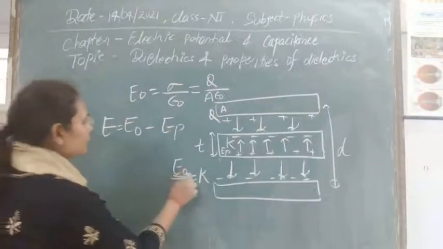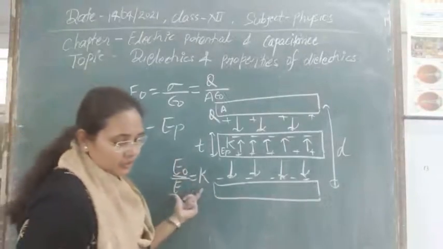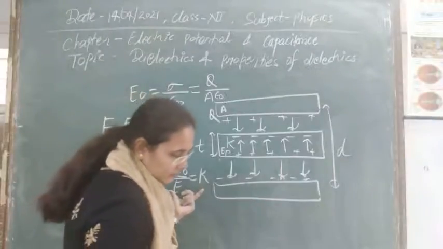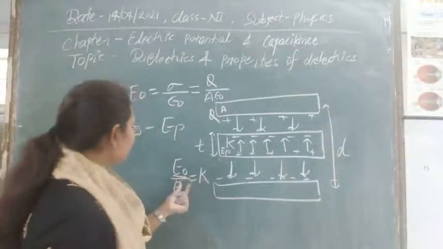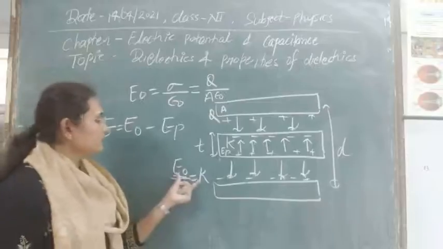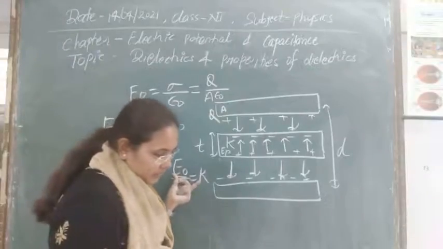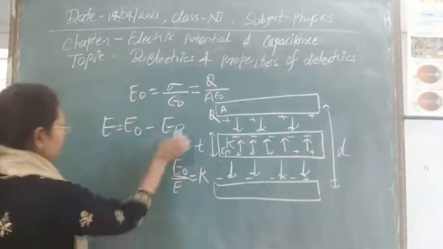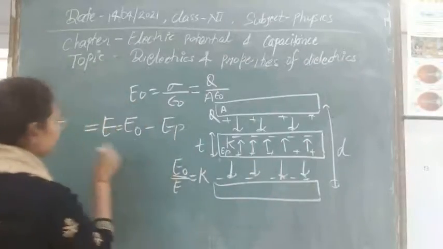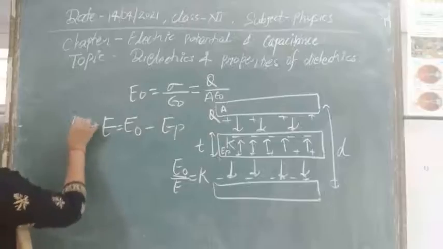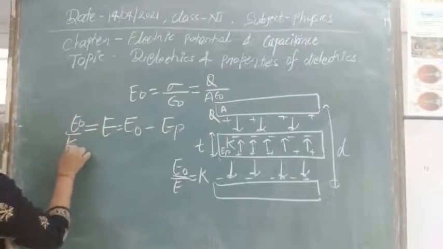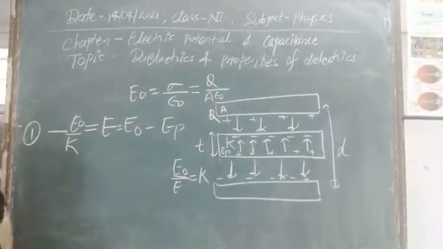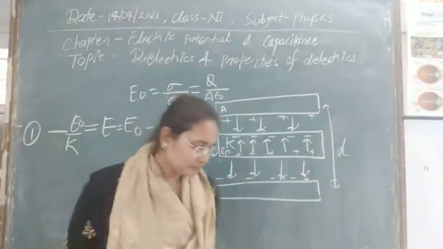So from here we can put the value of E0 in terms of E, or we can put the value of E in terms of E0. If we put it, then E is equal to E0 divided by K. Suppose this is our equation number 1.